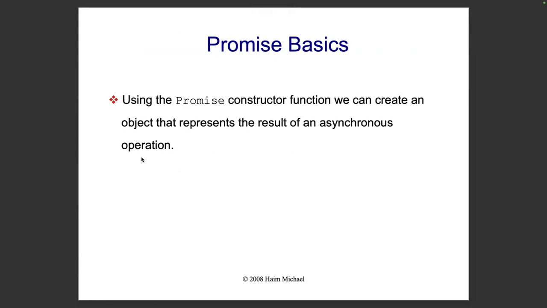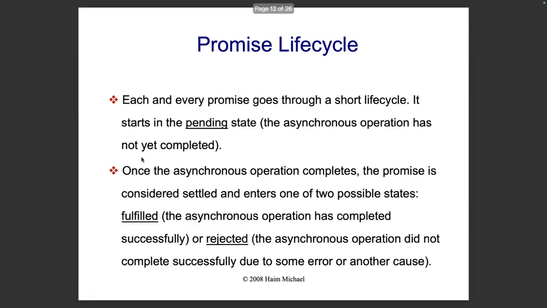So the constructor function promise, and you can find detailed API documentation in the MDN website, for instance. When you instantiate the constructor function promise and create a new object using it, you are expected to pass over a function. Let me move forward.